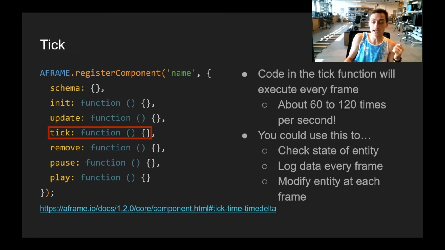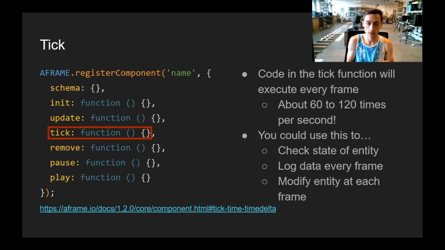All right, tick is interesting, and it might actually be very useful for the data logging with the research. So tick is very cool because it's called 60 to 120 times every second. And the reason for that is because a frame is 1/60th or 1/120th of a second.